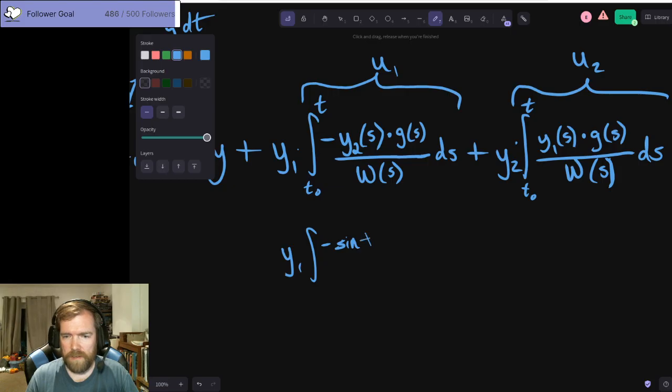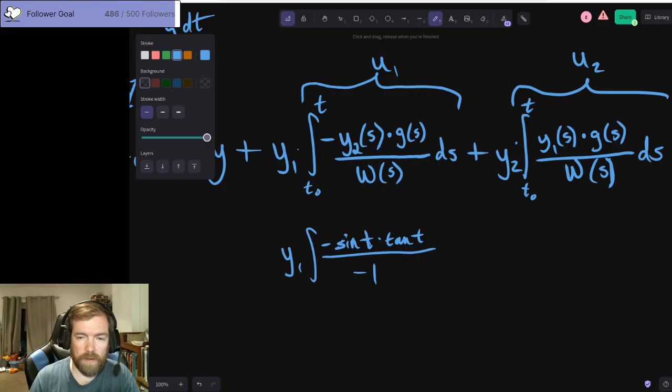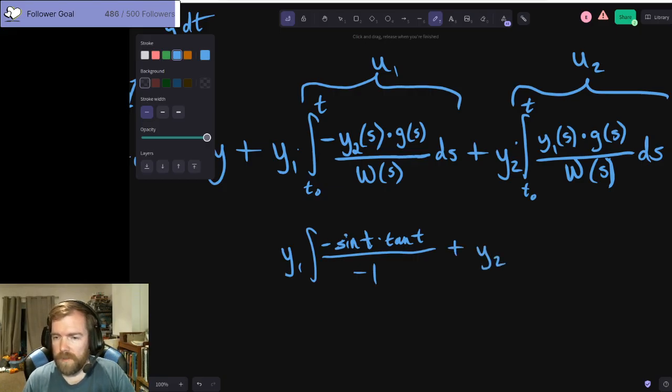Sine of t times the tangent of t all over, we did -1 the way that we had it, and plus y2 integral, y1 was cosine of t times tangent of t over -1 dt on both.